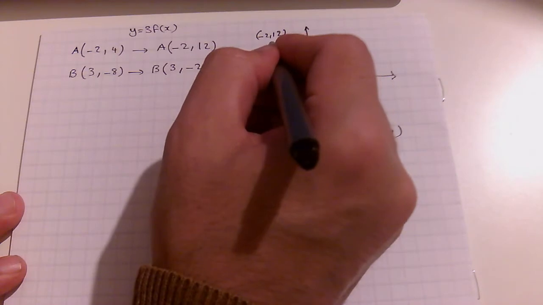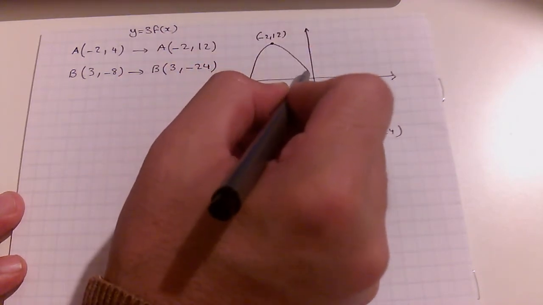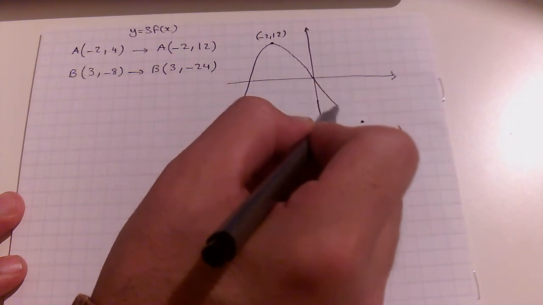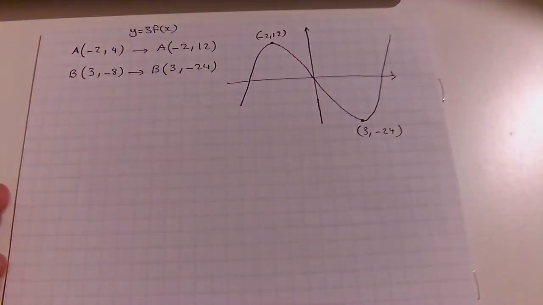Initially the coordinate of B was 3 and minus 8. The new coordinate for B would be 3 and minus 8 times 3, which is minus 24. The roots of the graph will remain exactly as they were.